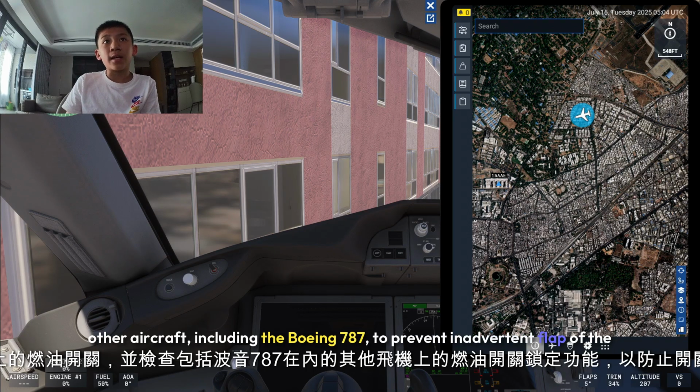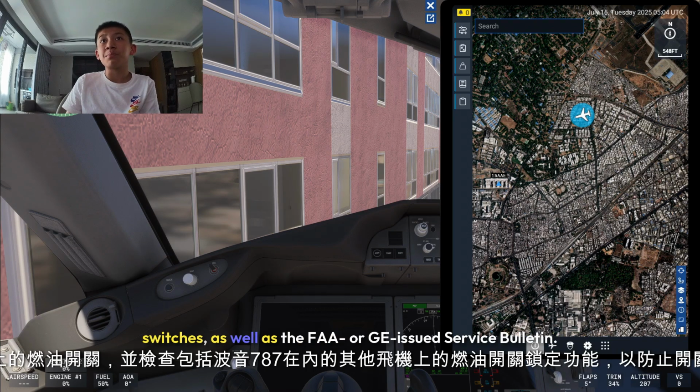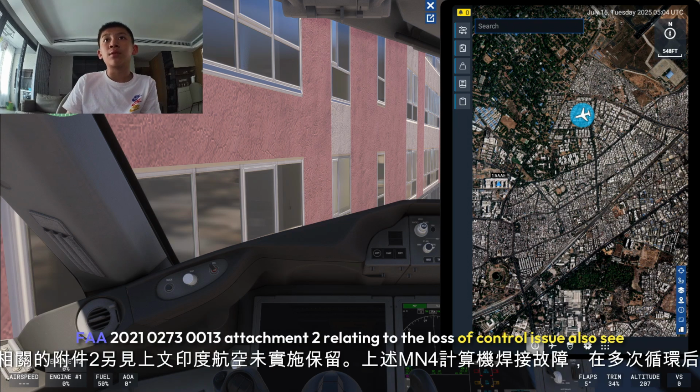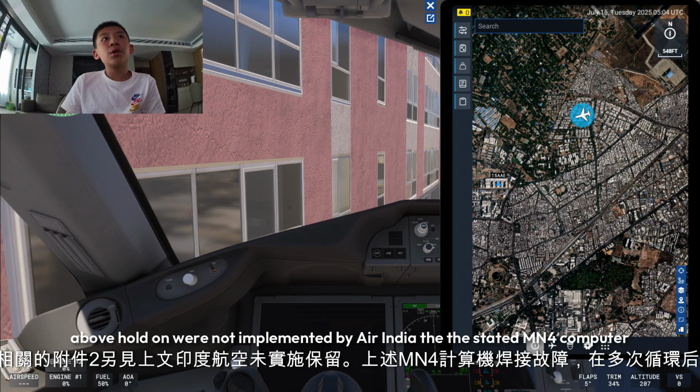As well as the FAA or GE issued Service Bulletin FAA 2021-0273-0013 Attachment 2 relating to the loss of control issue, also see above. Were not implemented by Air India.